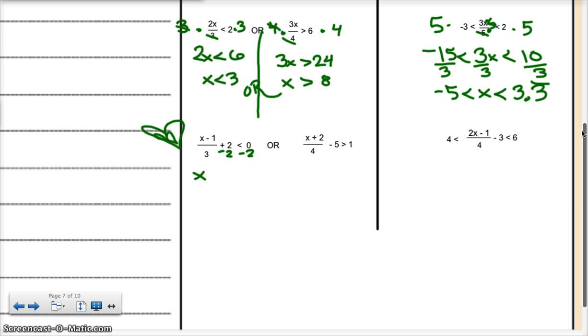So I have x minus 1 over 3 is less than negative 2. Can I get rid of my denominator now? Yes, because all I have left is that fraction, so now I can get rid of the denominator. Times through by it.